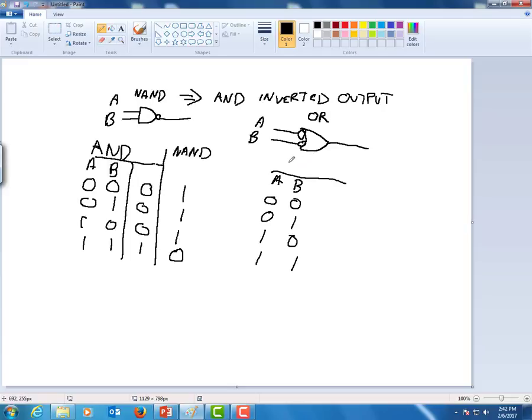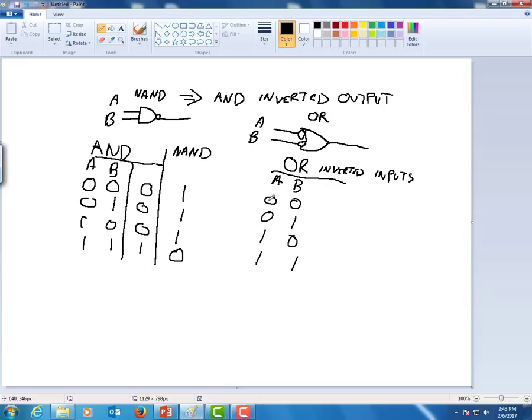And this we're going to call your OR, and we're going to say with inverted inputs. Okay? So now we have an OR gate, and we have inverted inputs.